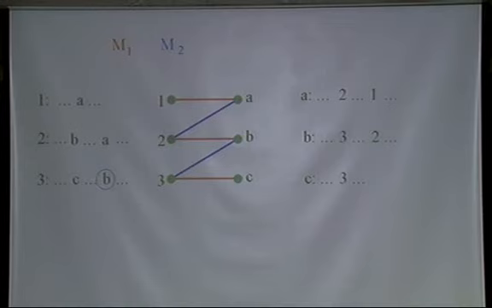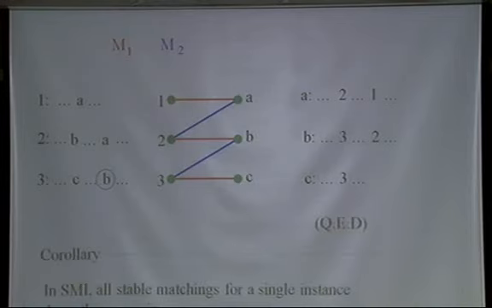All the connected components are cycles. So the theorem holds. A direct corollary of this theorem is that in SMI, all stable matchings have the same size, because the set of matched people are the same.